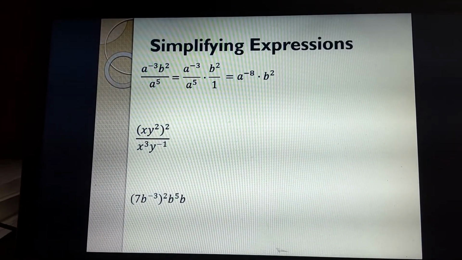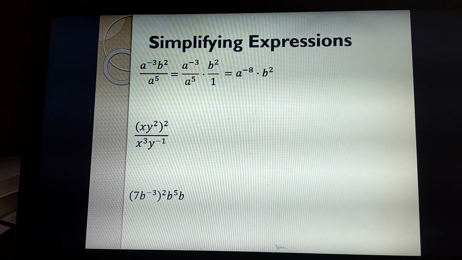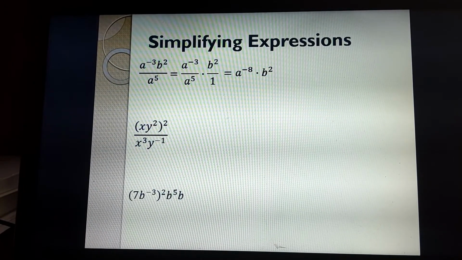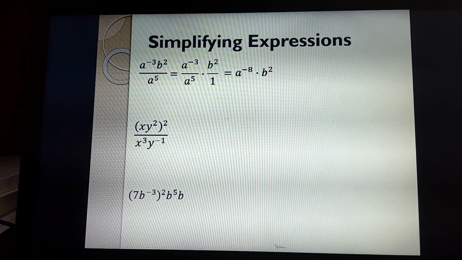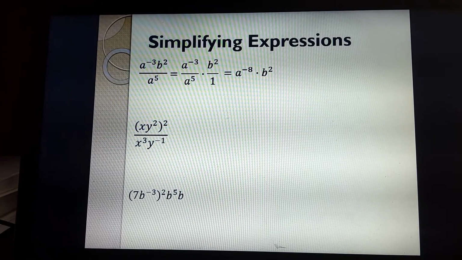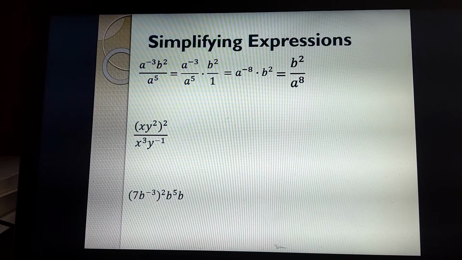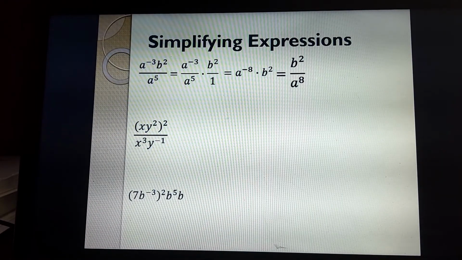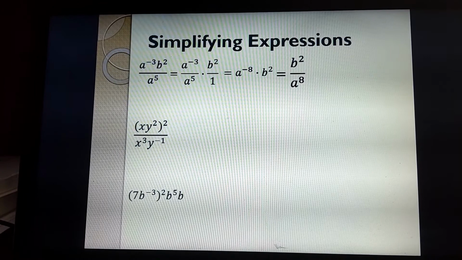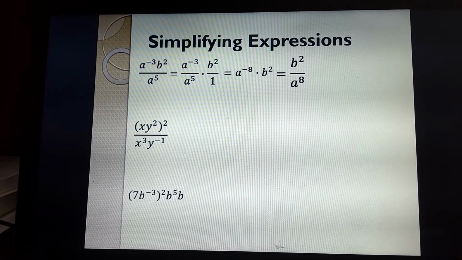So I end up with a to the -8 times b squared. Now my b squared is positive, can't do anything with that. My a to the -8 though is negative, so I need to flip that. So my a, instead of being on top, has to go to the bottom. So I get b squared over a to the 8th. My b and a are not the same, so I cannot do anything else here. And each one only has one exponent, so you're done.